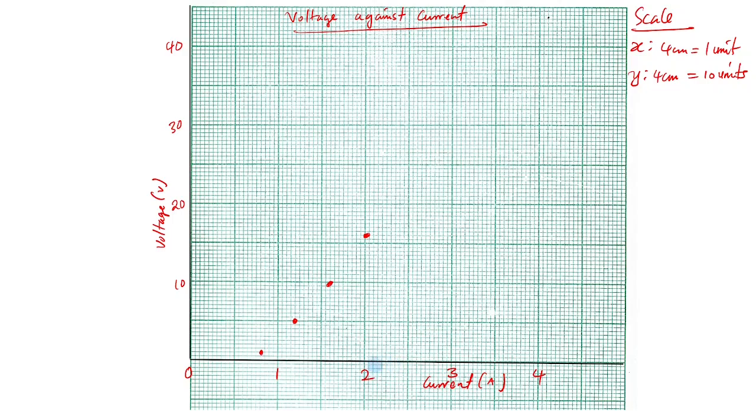Okay. 2.1, 2.2, 2.3, 2.4. Okay, 2.4 comma 23. This is 20, 21, 22, 23. This is 20, 21, 22, 23. So there.